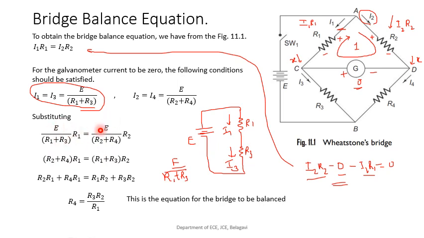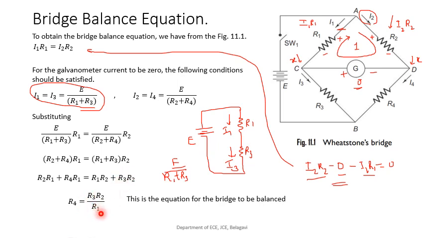After multiplication, R1 R2 is common, so you may eliminate that. What is normally done is that R4 is unknown, so you have to find the equation with respect to R4. So R4 is equal to R3 R2 divided by R1.